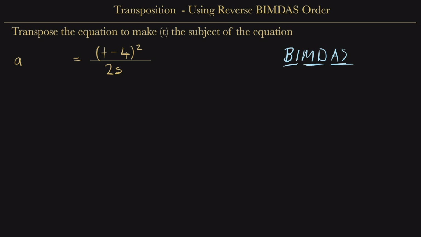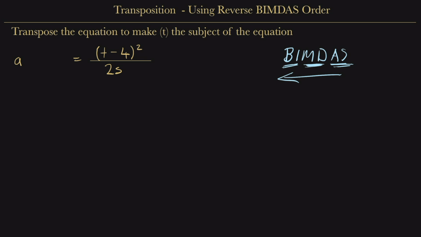Now, with doing transpositions, instead of going this way, we're going to go this way. We go backwards. So we'll do addition and subtraction first, then we'll do multiplication and division, then we'll do binomials and indices. And this is each step by step. I think it'll make more sense once I go through an example. So let's have a look at it.